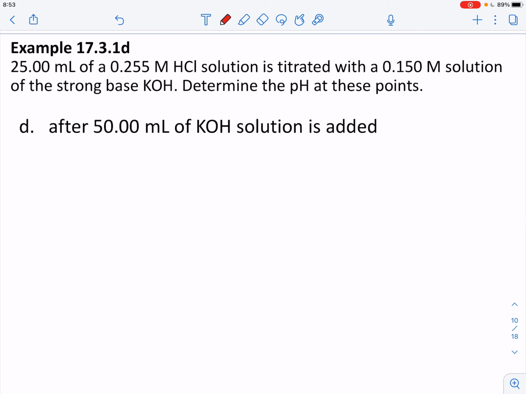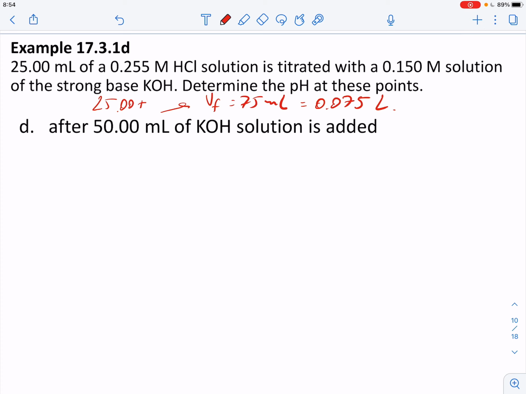Now after you have added 50 milliliters of solution, remember it's 25 plus 50, so you have a final volume of 75 milliliters. Let's just keep that in mind, equal 0.075 liters.